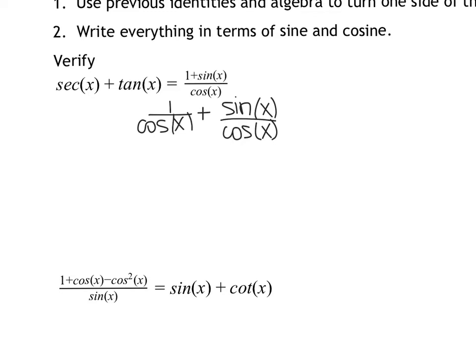Now we can use ratio and reciprocal identities to simplify. 1 over cosine of x is secant of x plus sine of x over cosine of x, which is tangent of x. And we have verified that 1 plus sine of x over cosine x is equal to secant of x plus tangent of x.